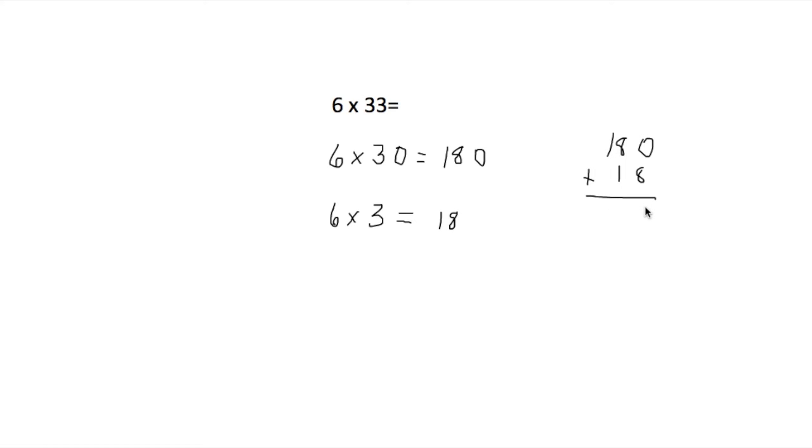So 0 plus 8 equals 8. And then 8 plus 1 equals 9. And we have a 1 right here, and we have an imaginary 0. So 1 plus 0 equals 1. So our answer is 198. We broke 33 from tens to ones.